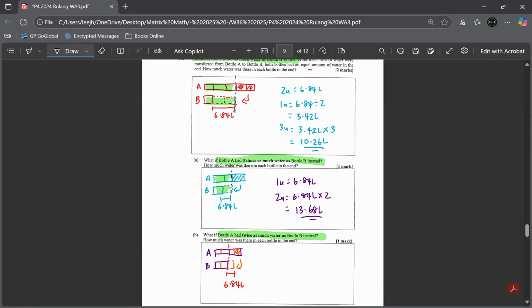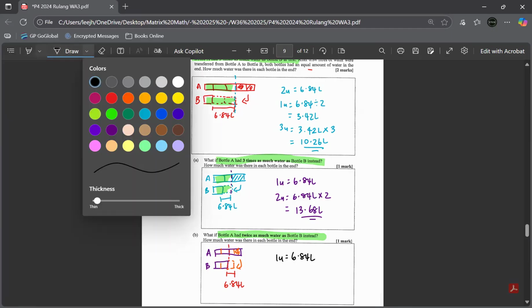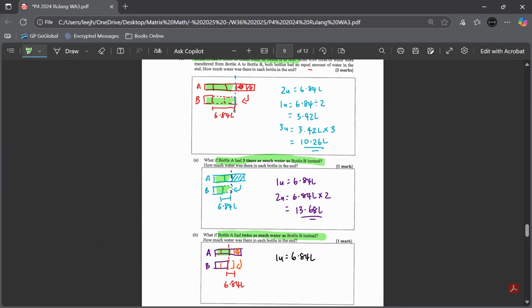Okay, so we can see 1 unit here is actually 6.84 liter. How much was there in each bottle in the end? In the end, you know that there are 3 units for each bottle, right? So this is a different thing, so you need to find 3 units. The scenarios are different already. Okay, so how to find 3 units?